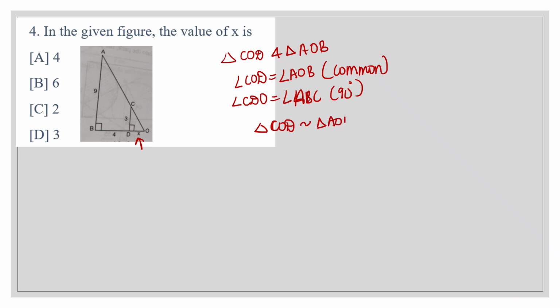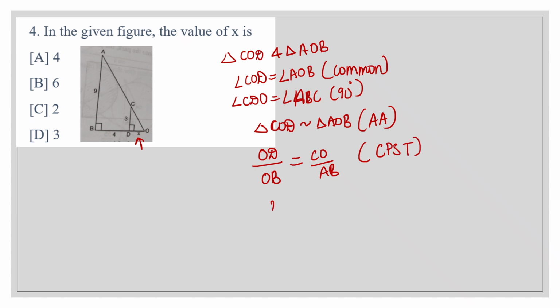So if triangles are similar, all their corresponding sides are in proportion. You can use it in that manner. OD upon OB is equal to CO upon AB. This is corresponding parts of similar triangles.